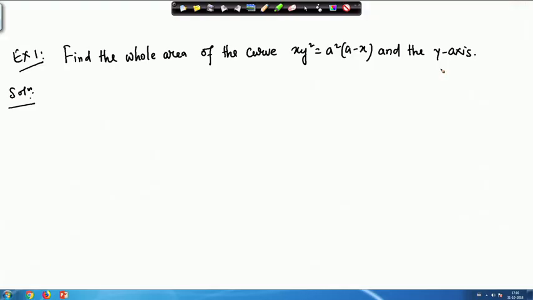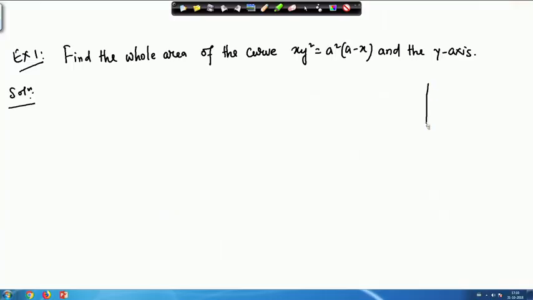So this curve will look something like this. This is the x axis and this is the y axis, and the curve looks somewhat of this type.